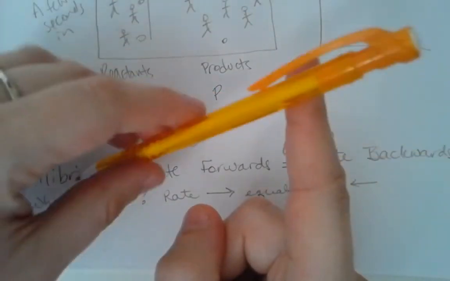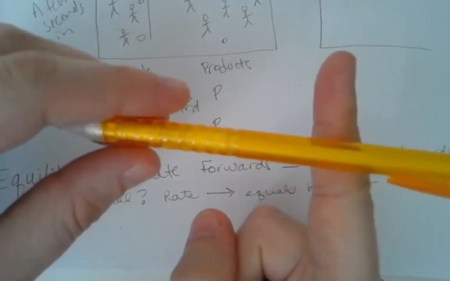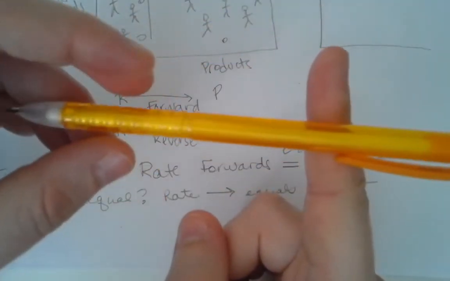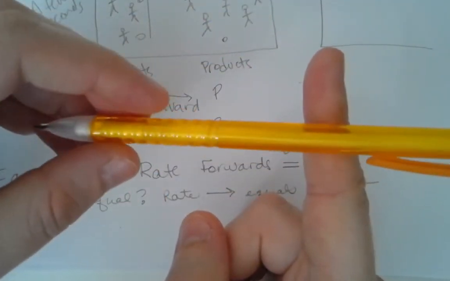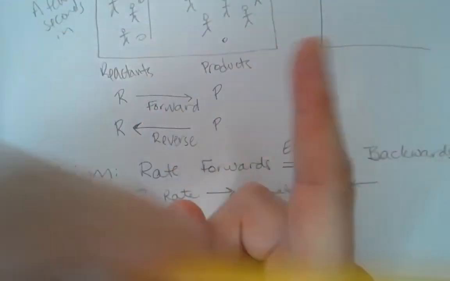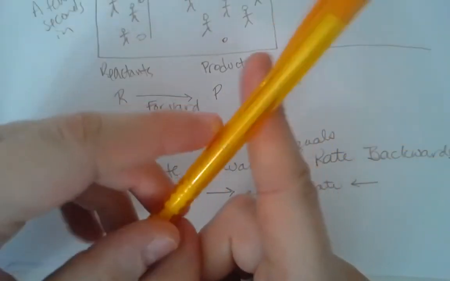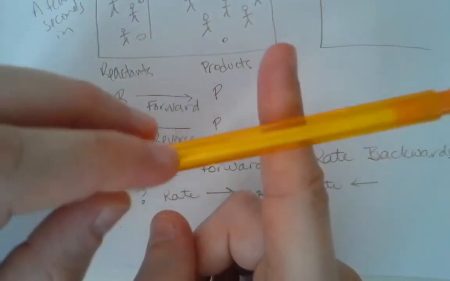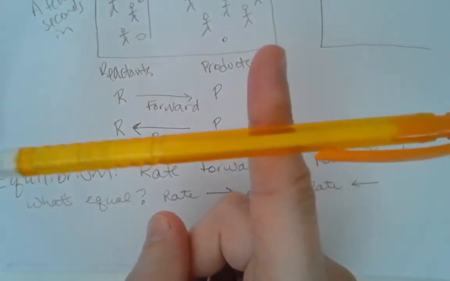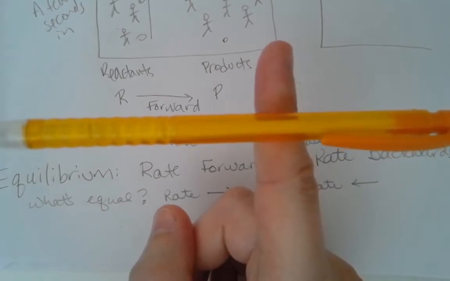But balance your pencil on your finger and then figure out what it is that appears constant. And you're going to balance your pencil before me. And what you're going to see is that it's the amount of pencil on the two sides of your balance point. That's what's going to remain constant.